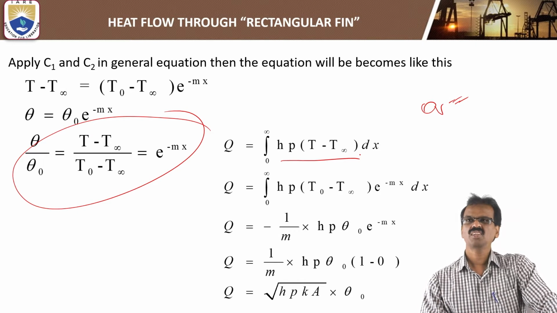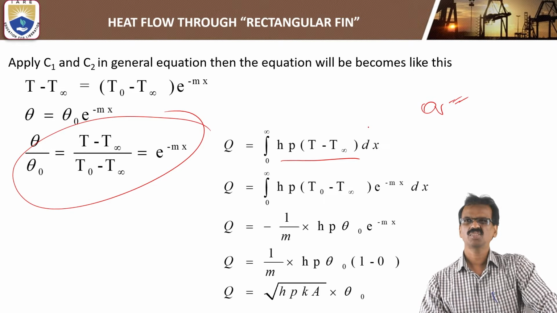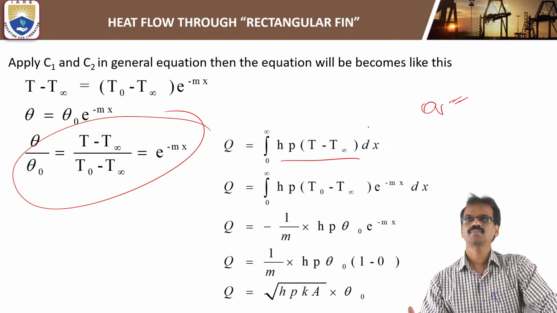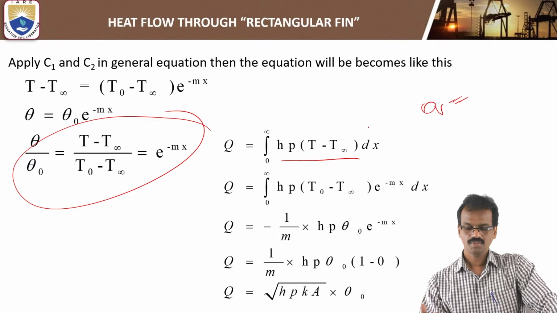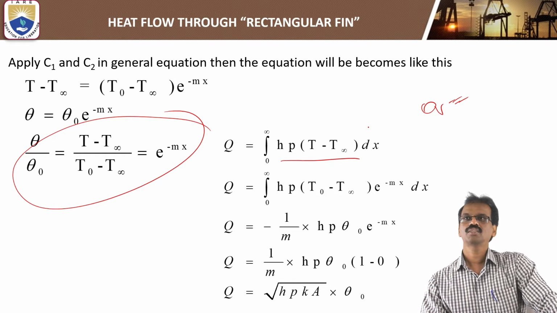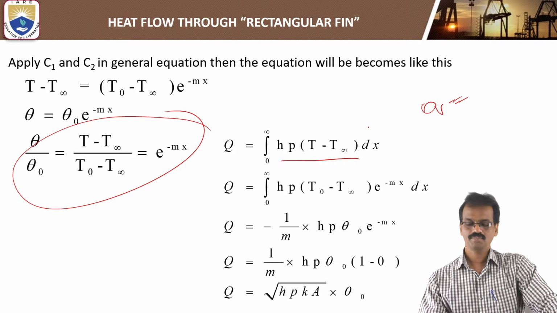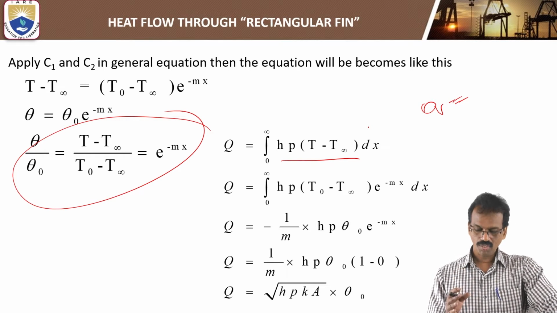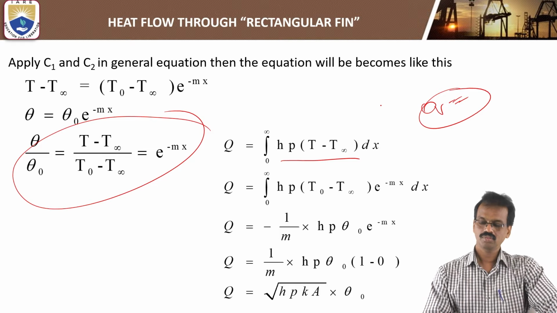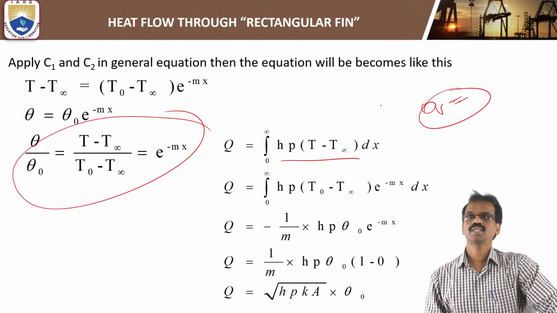So this is the convection formula you have taken here. The rate of heat transfer from the surface of the engine to the atmospheric condition is done by the convection process, because it is solid to fluid. So through the convection mode, heat transfer takes place.